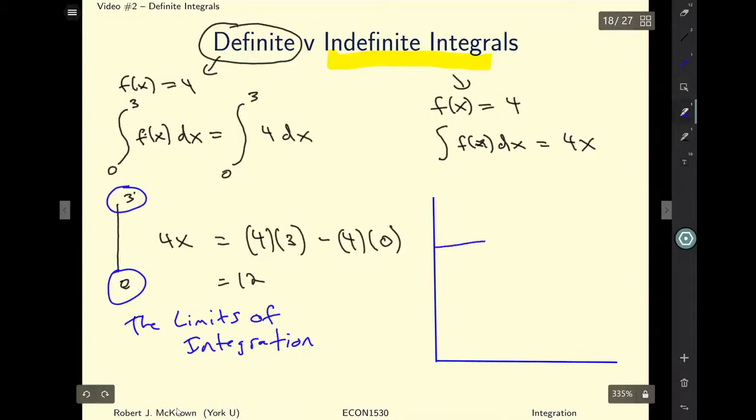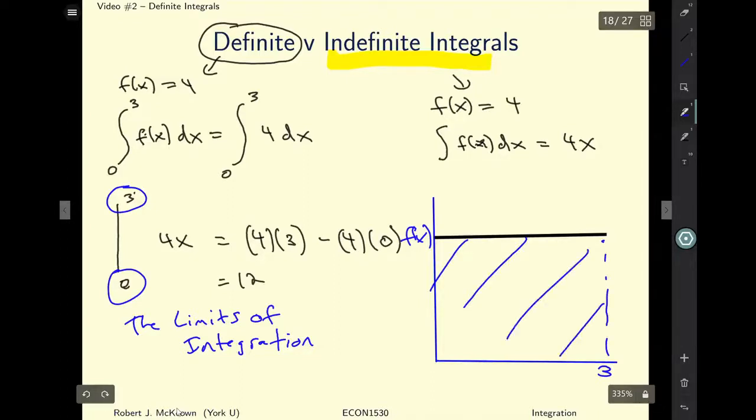So if I go back to our very simple example where we have f of x is equal to 4, if I wanted to know this whole area down here, then all I have to do is integrate with respect to f of x, and then I want to set the limits of integration to 3 up here and 0 down there.